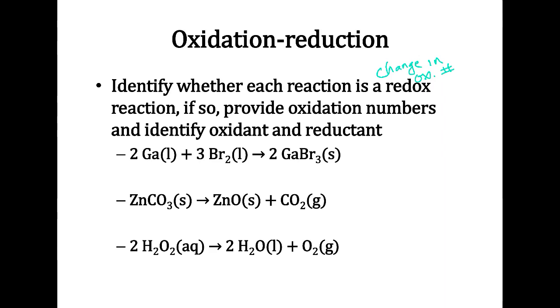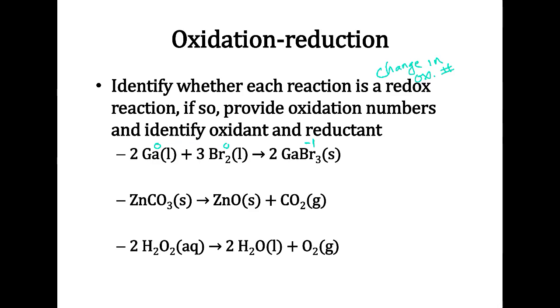So for the first example, gallium, it's all by itself, no charge, so it has an oxidation number of 0. Same thing for bromine, it's all by itself, so it has a charge of 0. So let's go ahead and figure out what the charge is over here for gallium(III) bromide. Bromide is a halogen, so we know it has an oxidation number of -1.